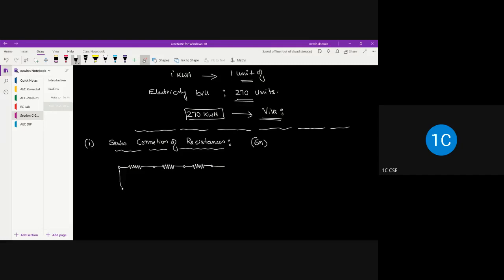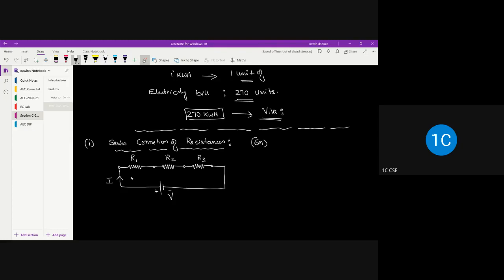Now, across this series combination, a DC source having a potential V volts is connected. And the resistance values be R1, R2, and R3 respectively. Let I be the current which is flowing through the circuit.